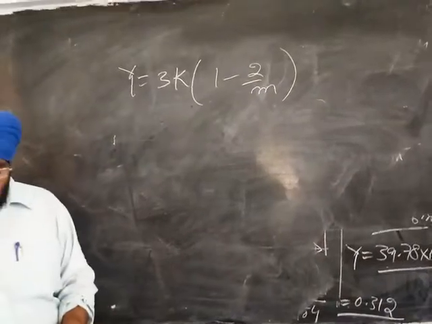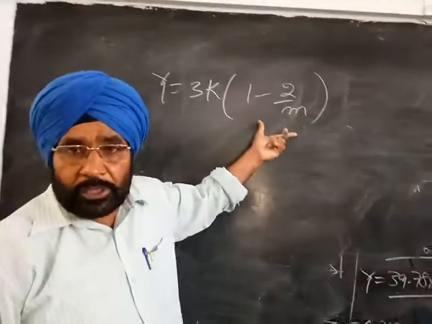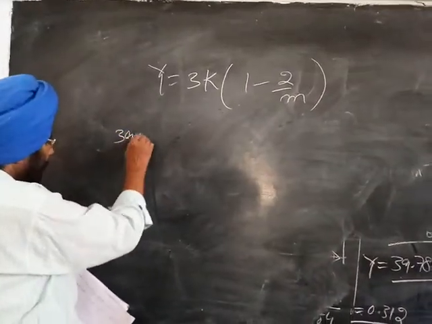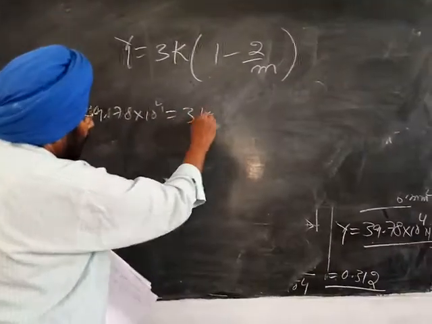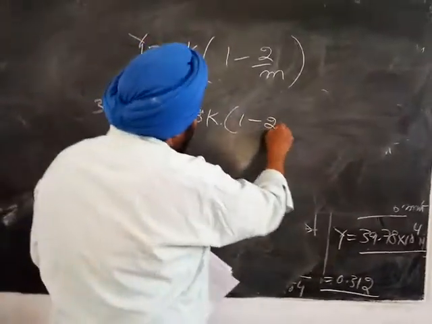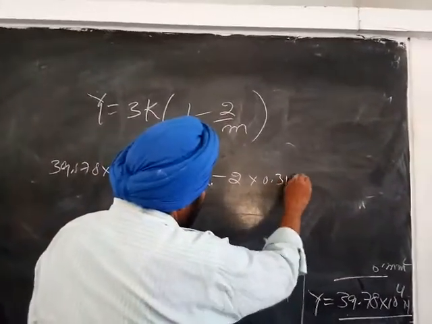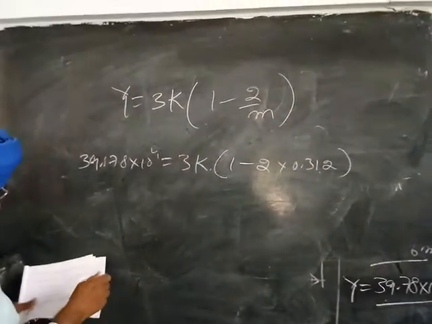This is the relation between Young's modulus and bulk modulus. So putting the value of Young's modulus and Poisson ratio, 1 upon m, 0.312, we get 39.78 into 10 raised to the power 4 equal to 3K into 1 minus 2 into 0.312.